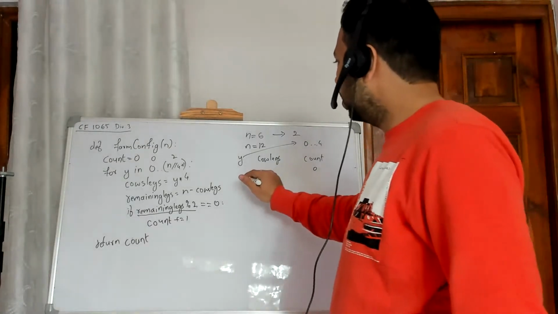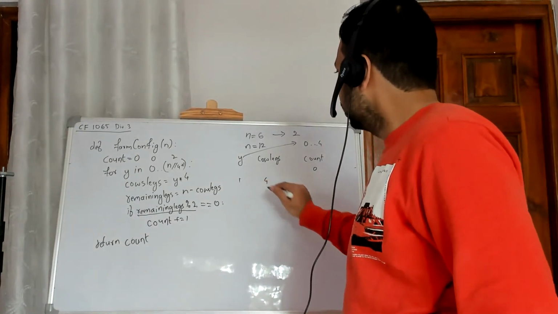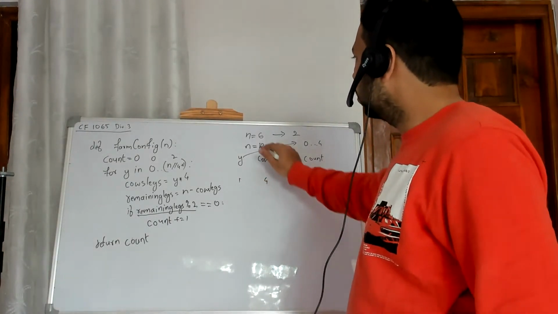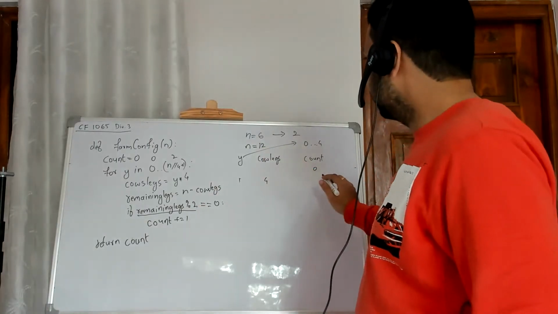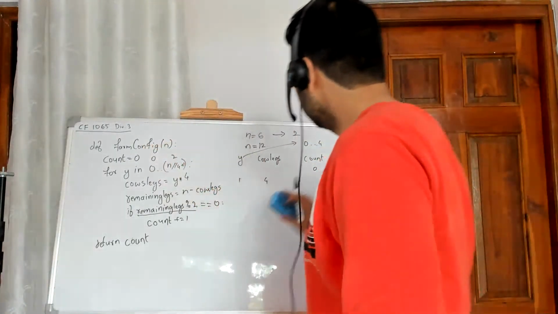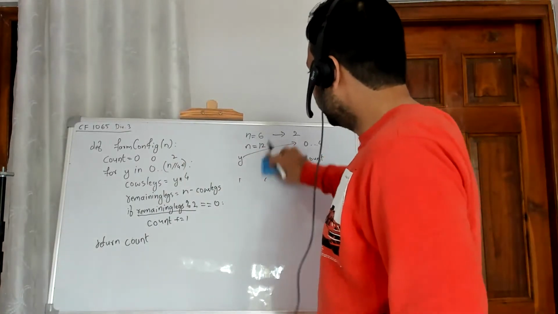So y becomes 1, cow legs become 4, 12 minus 4 is 8, 8 is divisible by 2. Instead of cow legs, let me do remaining legs.